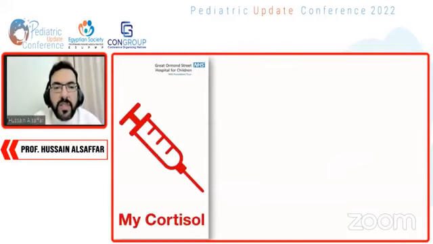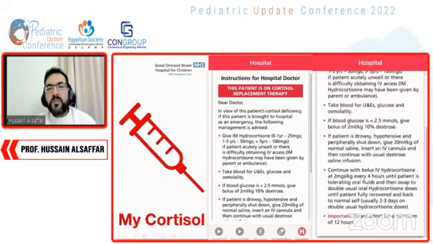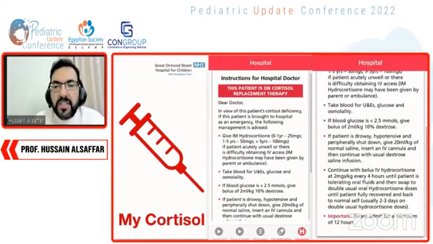Our colleagues from Great Ormond Street Hospital in London developed an app called My Cortisol, which is actually very useful for patients to carry on their phone. So if they are facing an emergency, they could take their child to an emergency facility, and if the ER doctor is not familiar with emergency cases, adrenal crisis and patients with CAH, there is guidance for the doctor in the ER on what to do, what investigations, and how quickly to give the fluid or the dextrose.